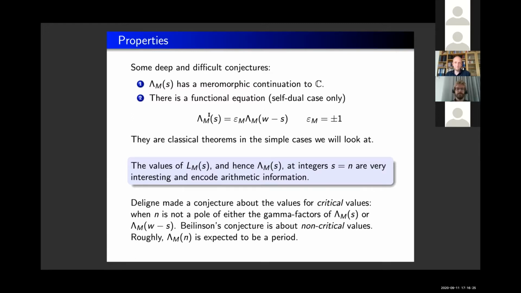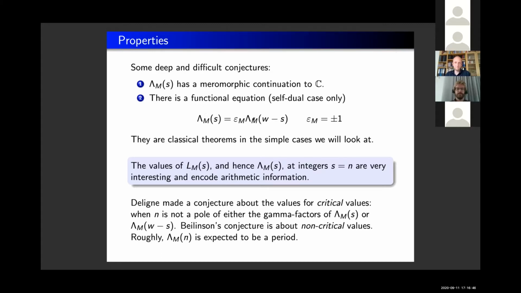In general, you get different L functions appearing on different sides of the equation. You get what's called the dual motive. But let's not worry about that. For most of the talk, I'm just going to look at this case where you get the same L function on both sides.